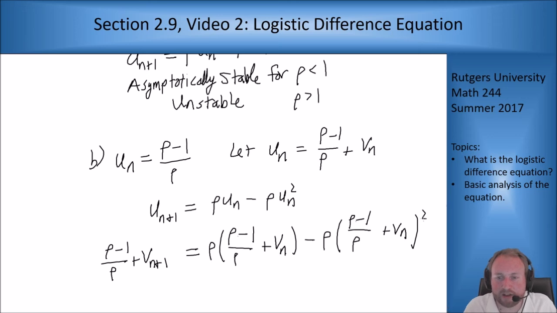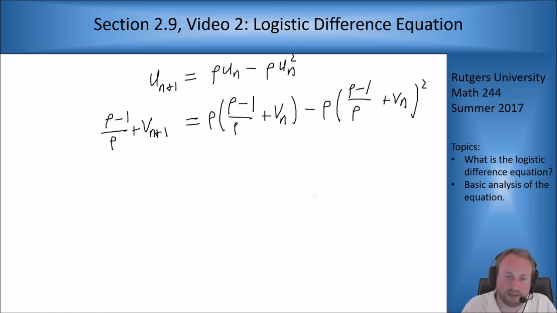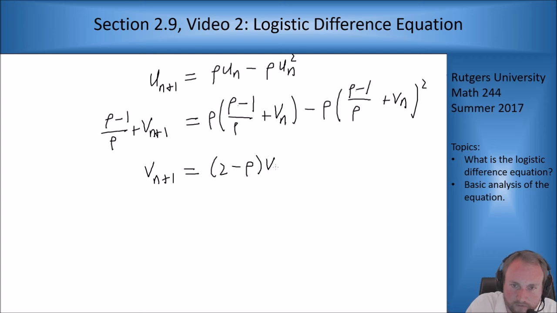Now, if you take that equation, you square everything out, and you simplify it, what you end up seeing is the following. You see vn plus 1 equals 2 minus rho vn minus a rho vn squared.